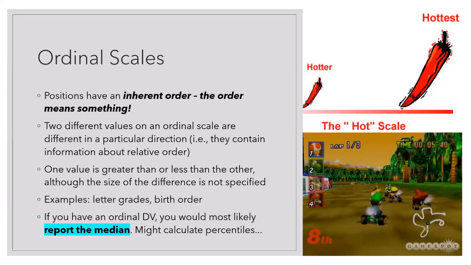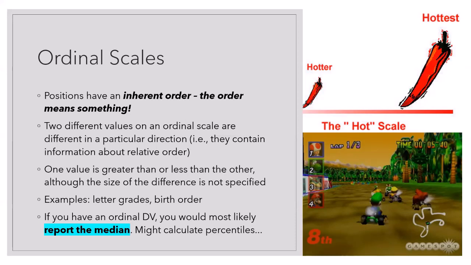One value is greater than or less than another, although the size of the difference is not specified, which is integral to the data being classified as ordinal. If the size of the difference between values is specified, it's not ordinal. Examples of this type of scale include letter grades like A, B, C, and D, and sibling birth order.